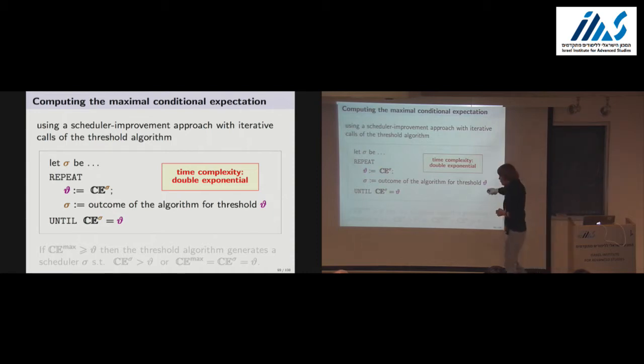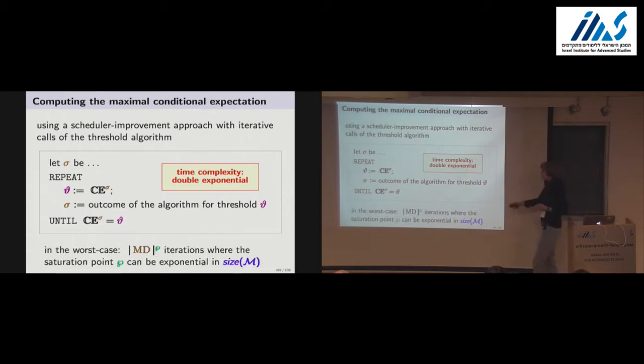Well, if we use this scheme, then that's a valid algorithm, and eventually it will find an optimal scheduler. But the time complexity can be exponential, and to give you an idea why, this green thing is the saturation point, and we considered all these levels. And at each level, we can have a memoryless deterministic scheduler. So altogether, in the worst case, the number of iterations, at each level, we consider all memoryless deterministic schedulers, and the number of memoryless deterministic schedulers is exponential.